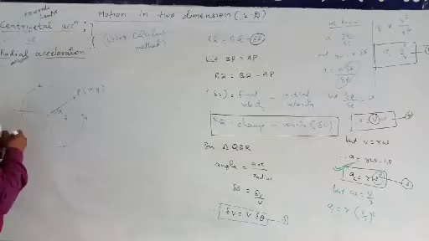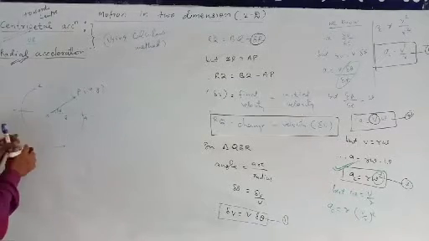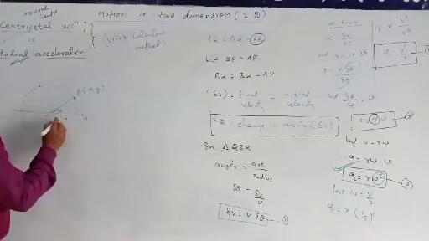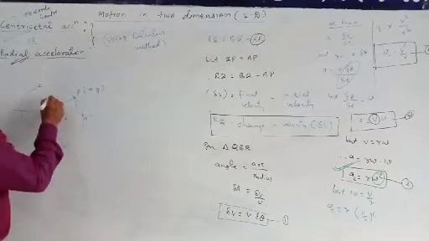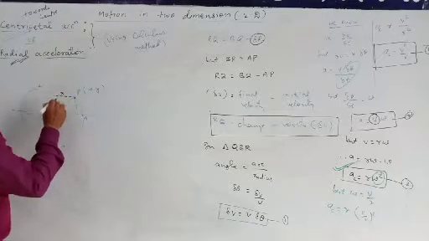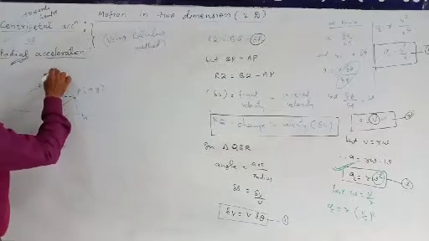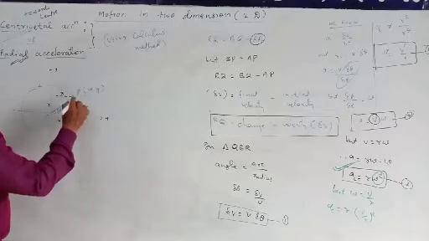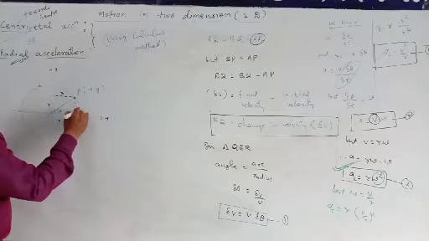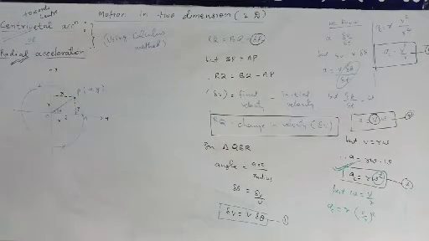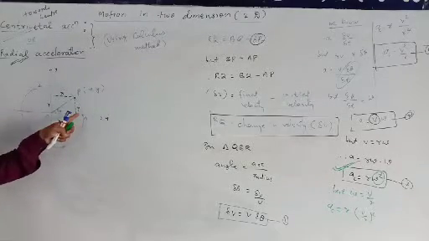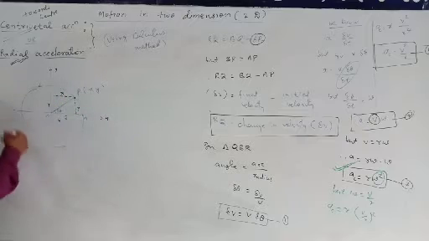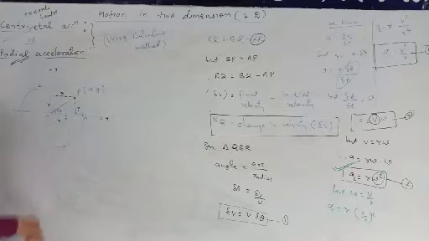If we draw perpendiculars from this point on the x axis and y axis, this will be the x axis, opposite to this is also the x axis, and this will be the y axis. So this particle goes from A to P having coordinates x and y, moving in the anti-clockwise direction along the circumference of the circle.